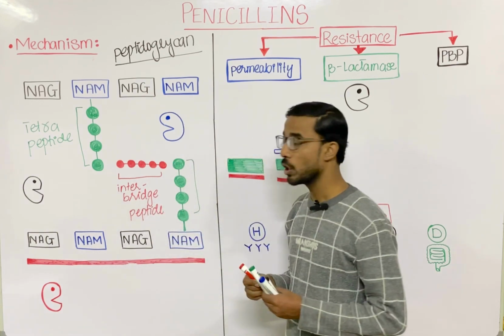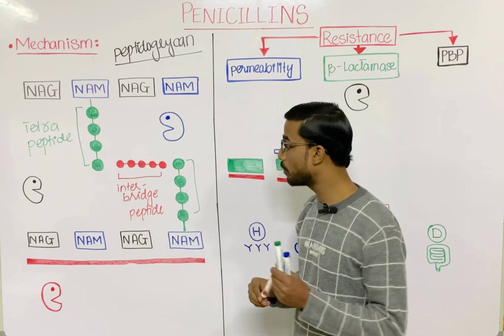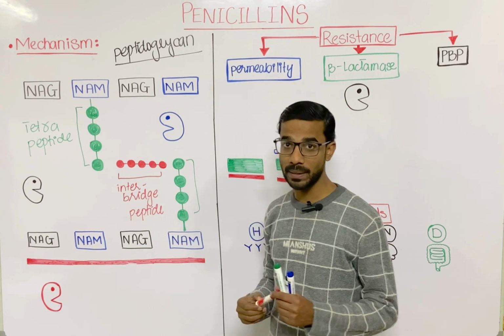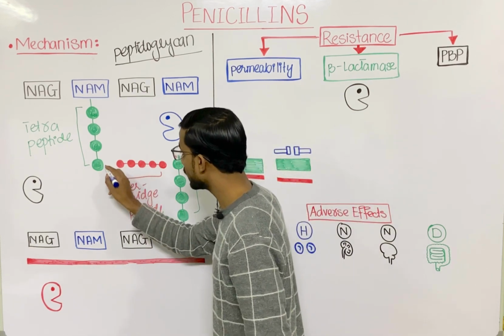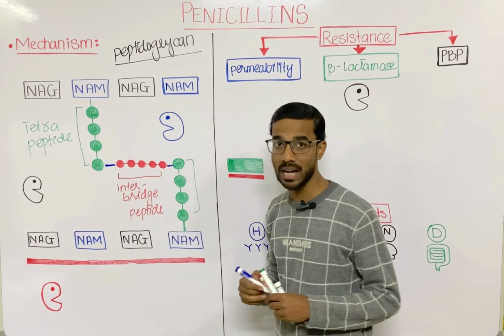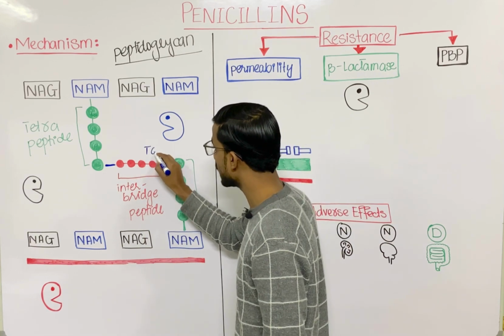Now you will see the cross-linking, or formation of the bond, between the interbridge peptide and the tetrapeptide. The formation of the bond between them happens in the presence of an enzyme, and that enzyme is called the transpeptidase.